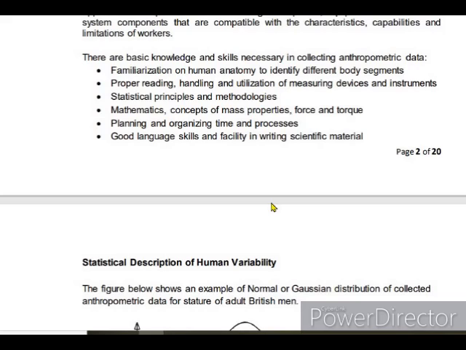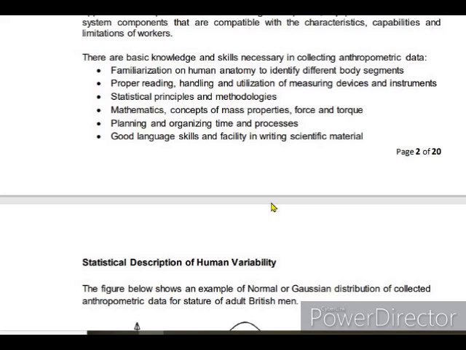Then statistical principles and methodologies, because the gathered data that we will get, we will apply statistical principles and methodologies to them. Next, mathematical concepts of mass properties, force, and torque. They are also considered here.